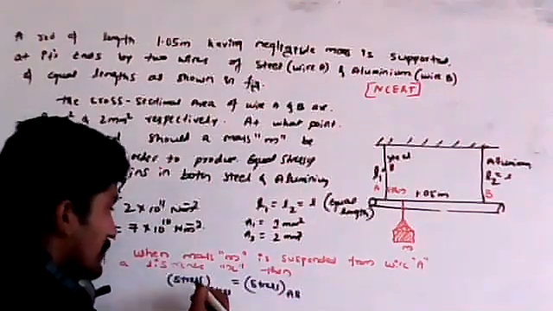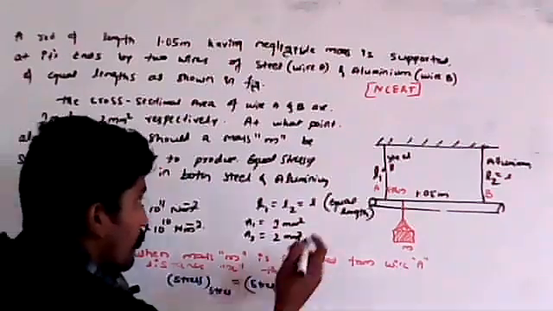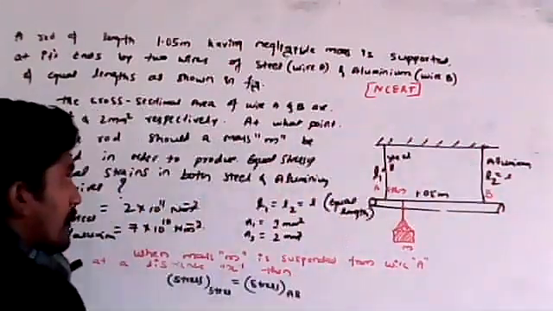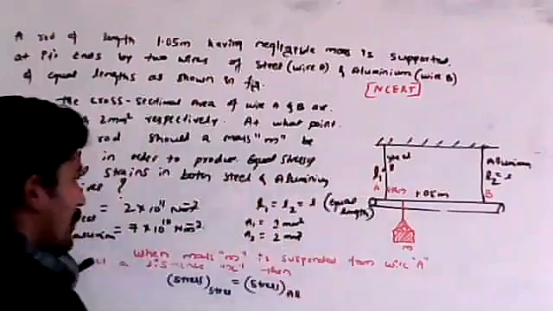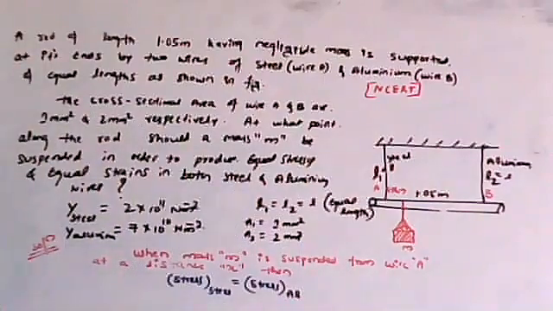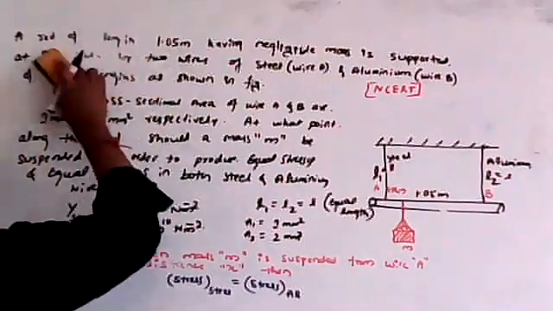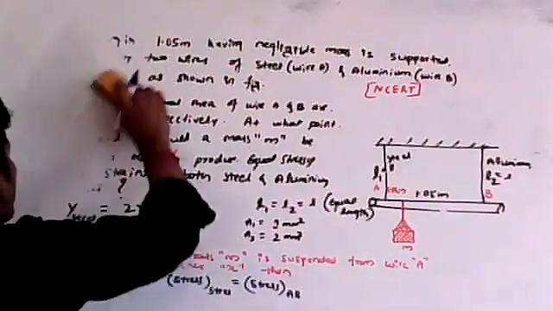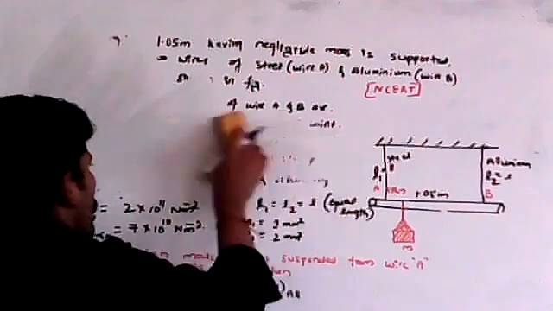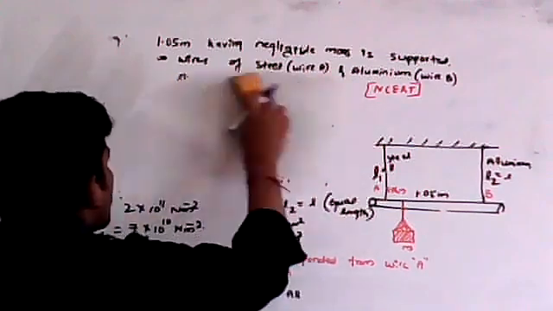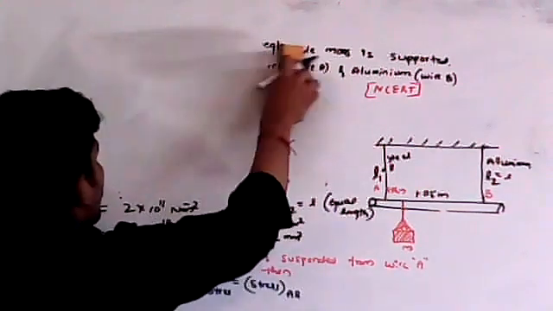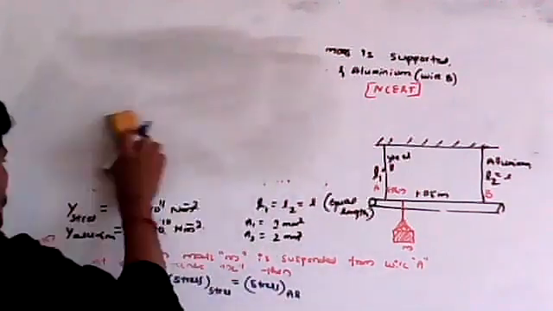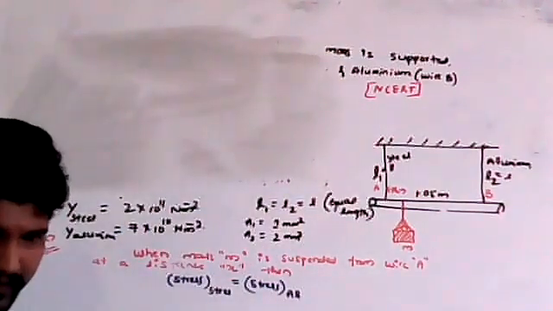If stress is equal in both wires, what is this distance they asked? So let me write this here. Why? Because remember, we already know the stress formula. What is that formula for stress?